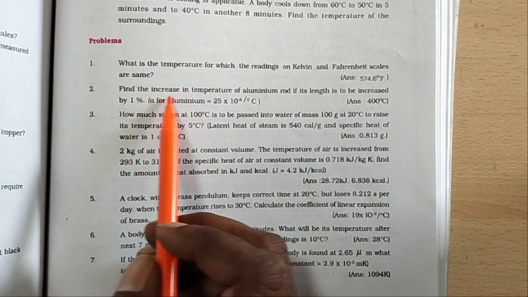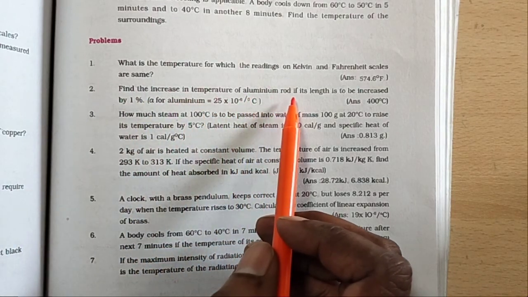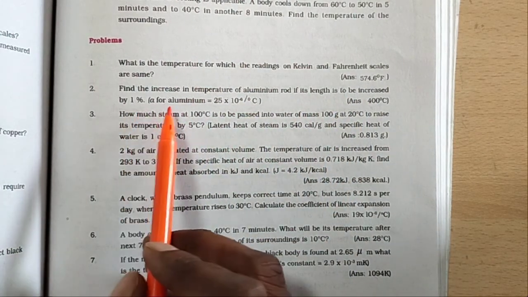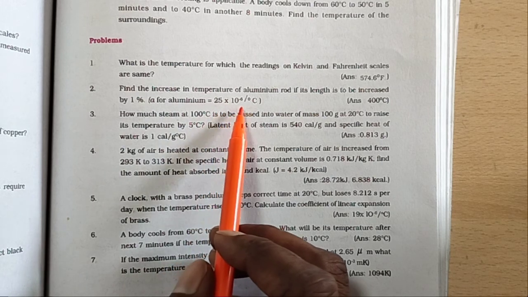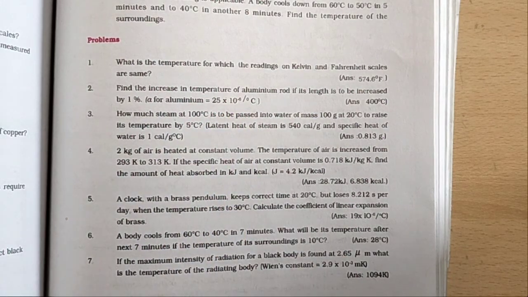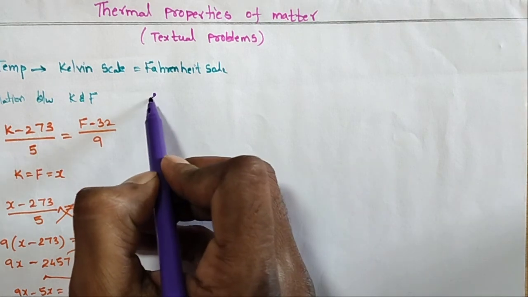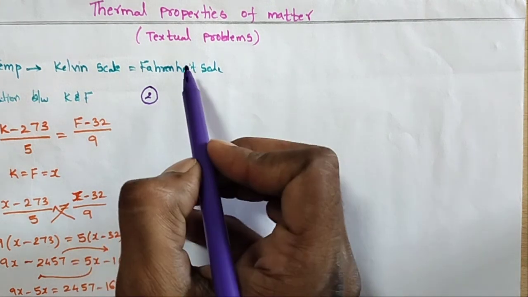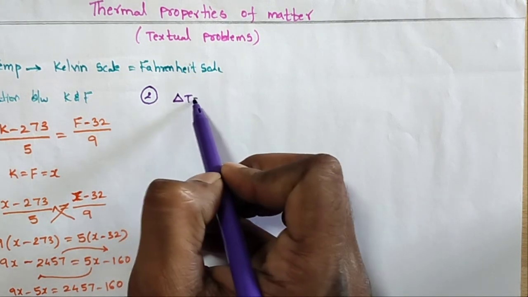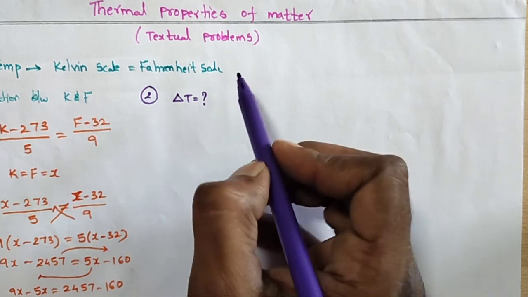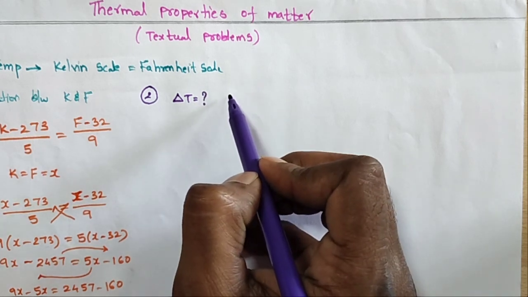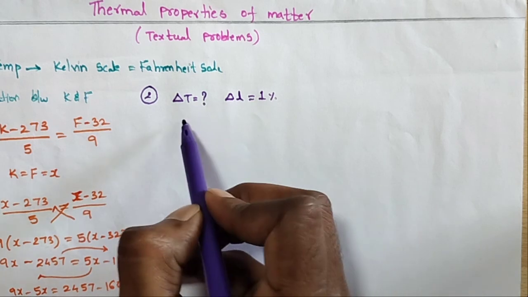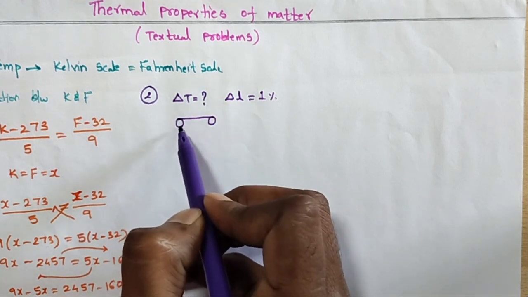Second problem: find the increase in temperature of an aluminum rod if its length is to be increased by 1%. Alpha of aluminum is 25 into 10 power minus 6 per degree Celsius. Here we need to find the increase in temperature, delta T. The aluminum rod length is to be increased by 1%, so delta L by L is 1%.